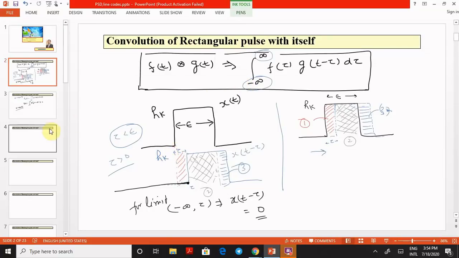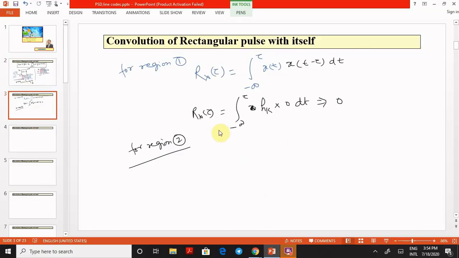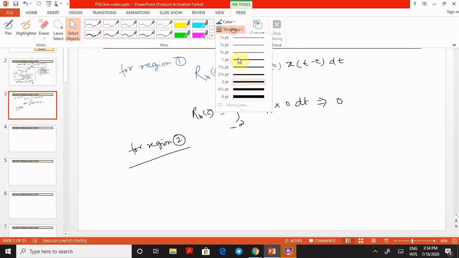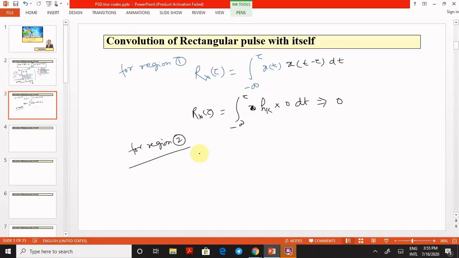So now we can simply solve it. For reason 2, again we are using the same formula, that is Rx(tau) equals the integral from tau to epsilon. The signal x(t) will have the value hk, signal x(t minus tau) will also have the value hk, right, dt.